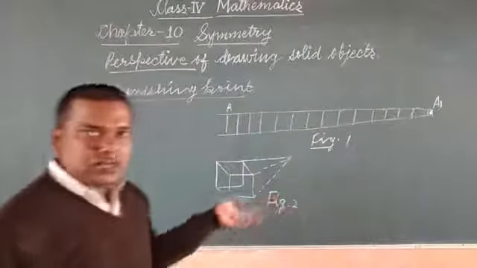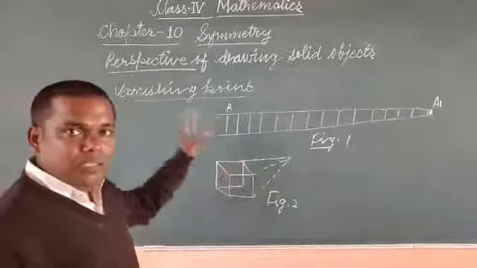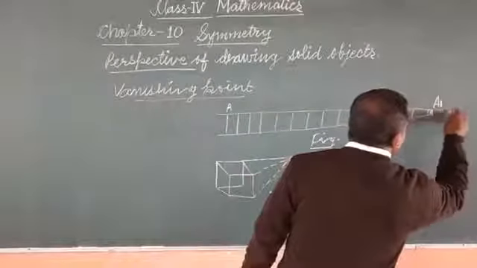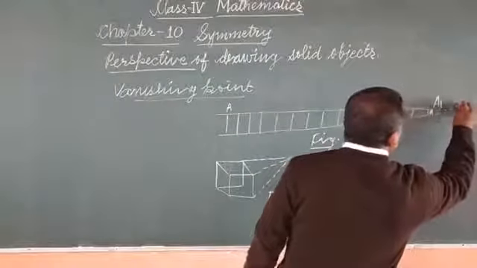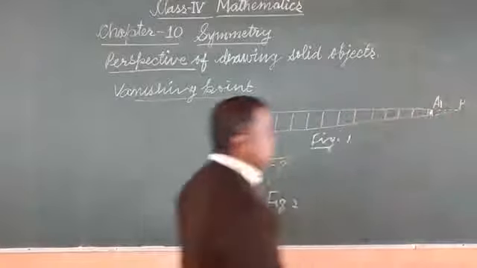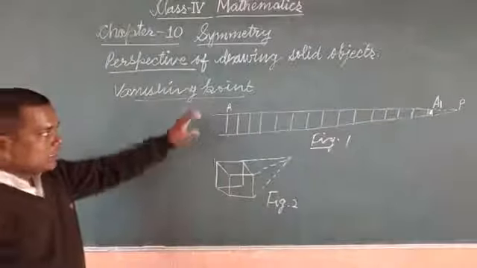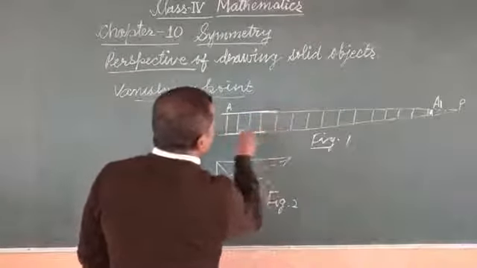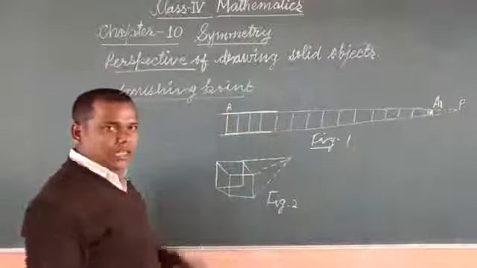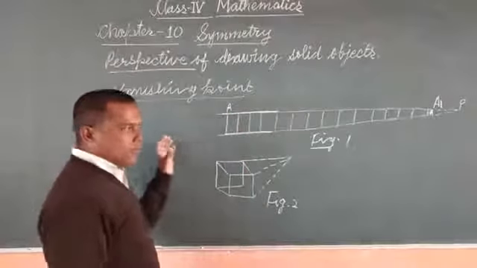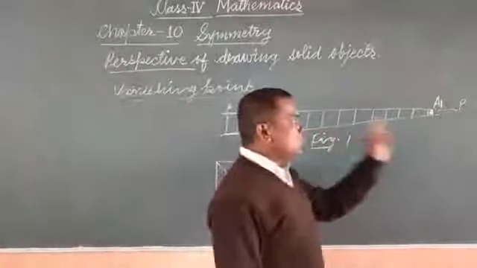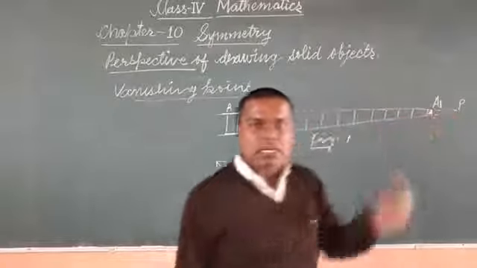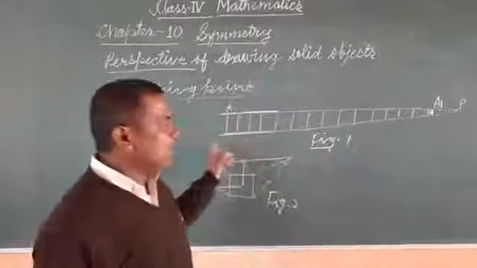So if anybody asks what is the perspective point or vanishing point, we can say we draw like this and reach here. So we say P is the vanishing point, because these two railway tracks, this one and this one, are always parallel to each other. But when we see them in perspective view, it seems that these two are meeting at a point. Which point? P. So point P is the vanishing point of the railway track.